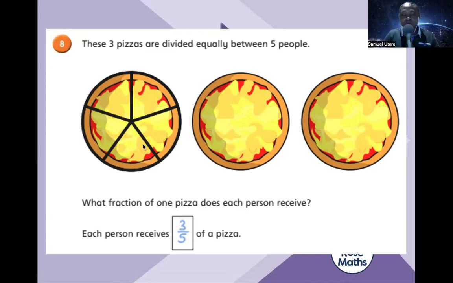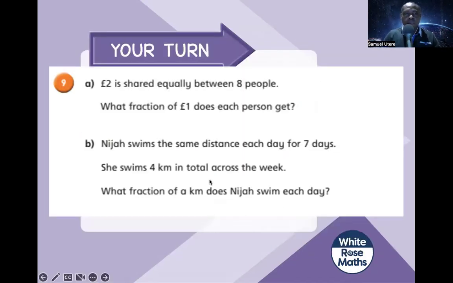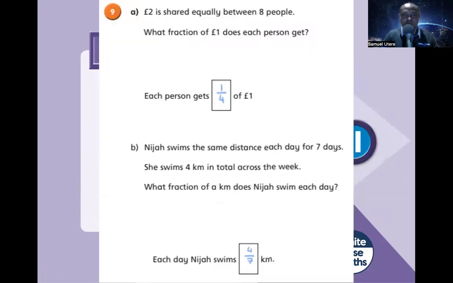Pause the video and answer question 9 in 2 minutes. Assuming you've paused the video and you've answered question 9, here are the answers. Let's discuss them. Here you were asked, £2 is shared equally between 8 people. What fraction of £1 does each person get? Well, if you split £2 among 8 people, you write 2/8 as a fraction.